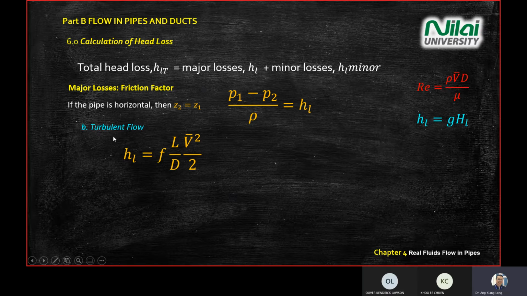It is given by HL, the major losses, equal to F, where F is your friction factor that you get from the graph. Later, I will guide you through how to use the graph. L over D is from the question itself. Average velocity you calculate from your Q, since Q equals V A. And your HL, what is HL?